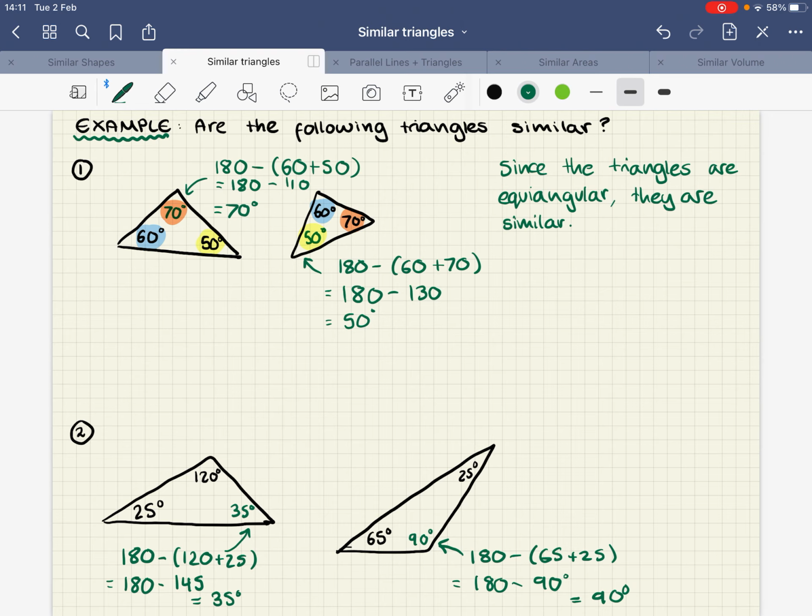So in this case, they aren't equiangular because we can only spot one pair. Our only pair is that 25, but nothing else pairs up at all.